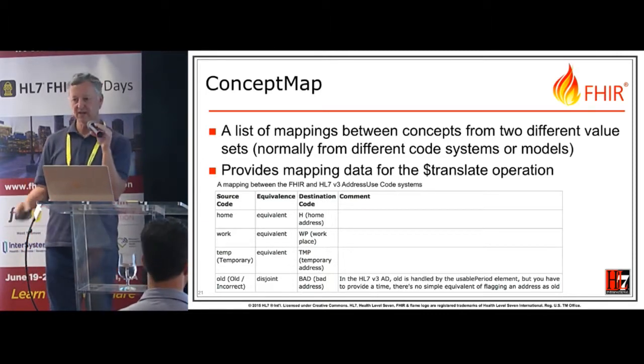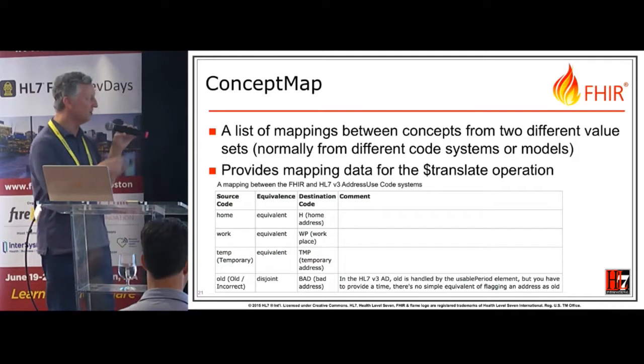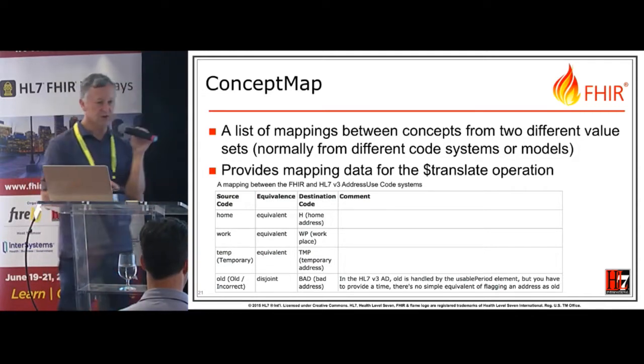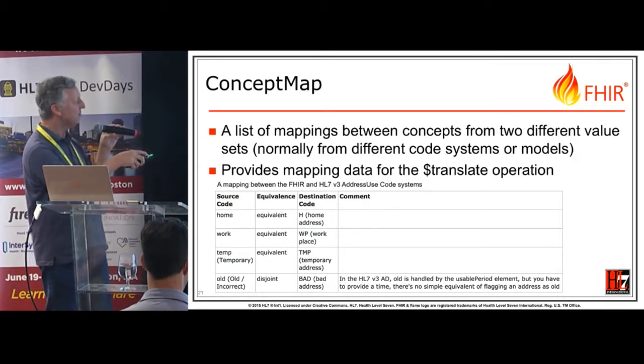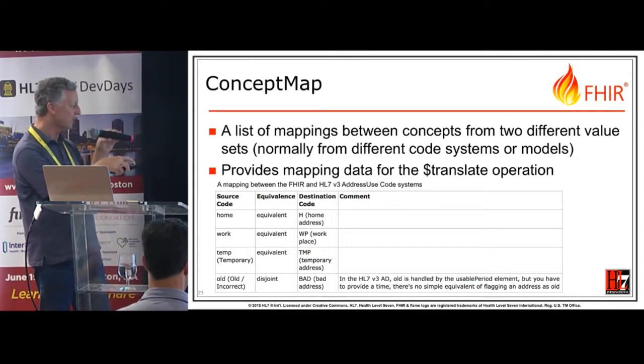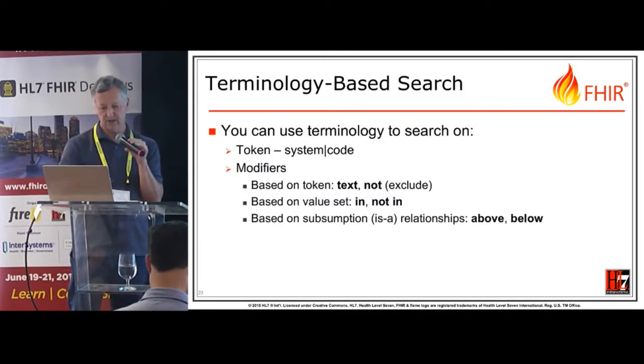So you might need both the SNOMED code and the ICD-10 code, and you want to know how to get from one to the other. So this is the kind of thing you can start to do here. The ConceptMap provides the data that's used in the translate operation. That's just an example there.